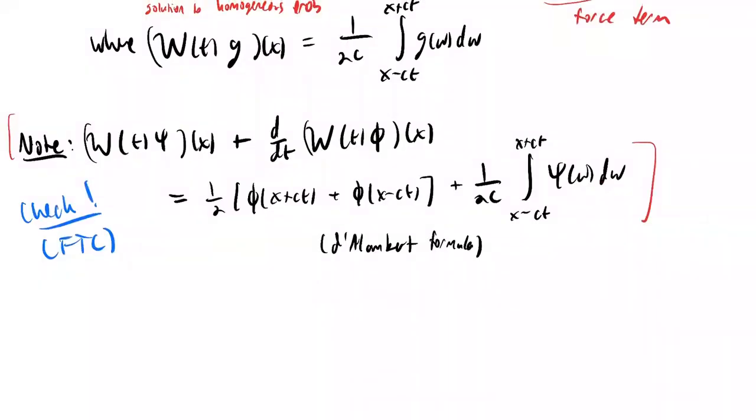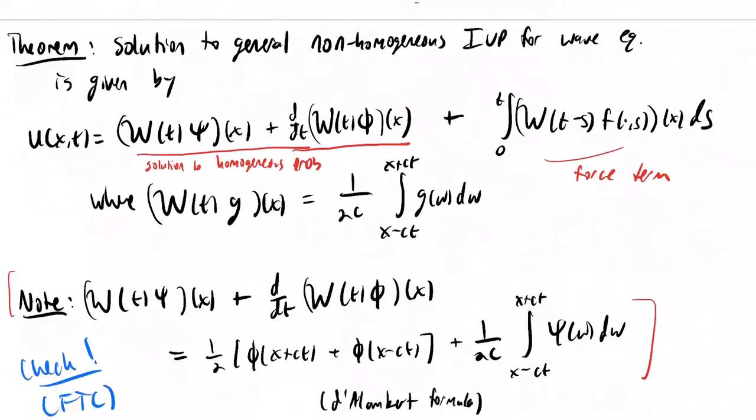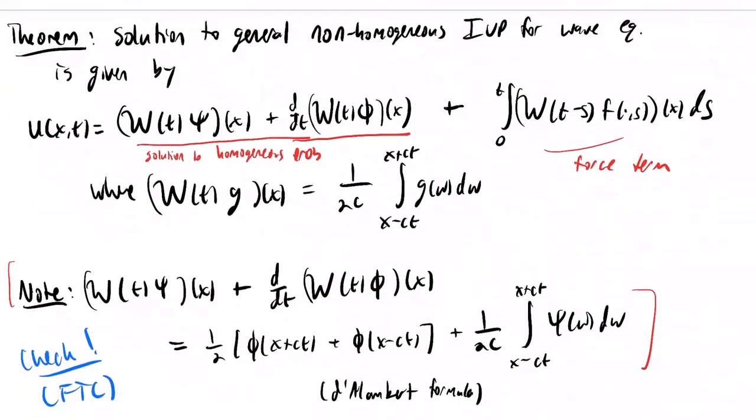Okay, I'm not going to go through the details of the proof of this theorem. The proof is very similar to the proof in the diffusion case, so it's not worth going through again. At the beginning of the next lecture, we'll begin by looking at some examples, and I'll have a little more to say about this. Then we'll return to the homogeneous problem, but now, instead of the domain being the whole real line, we'll consider the case where the domain is a finite region, like a rectangle.